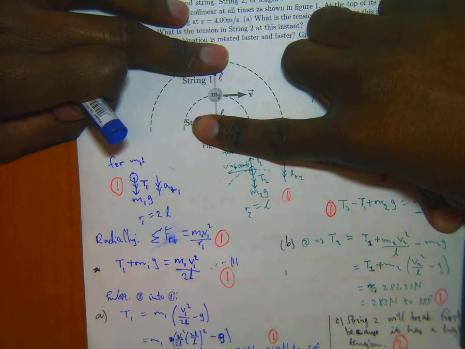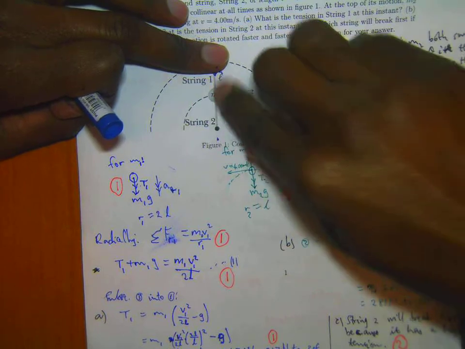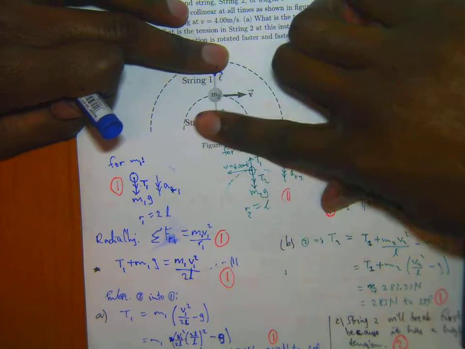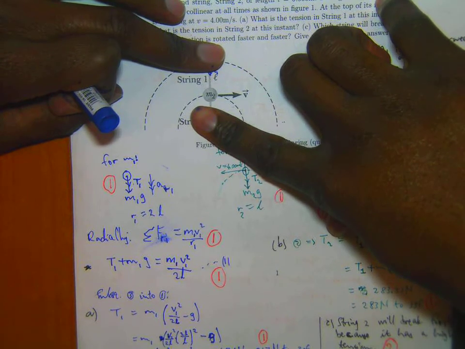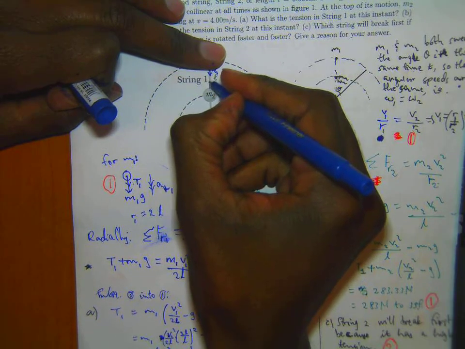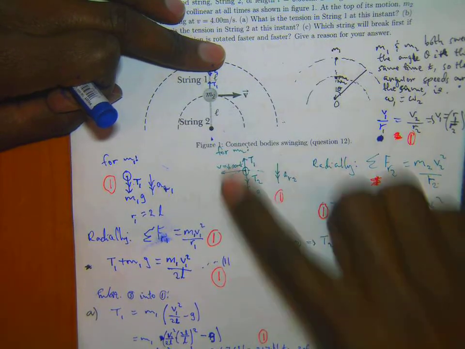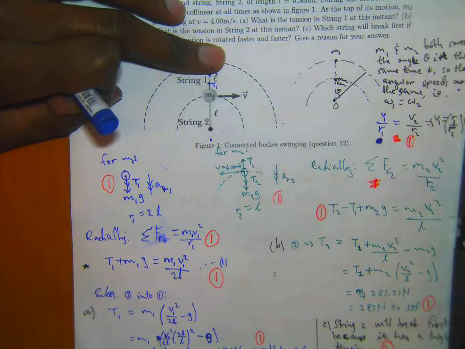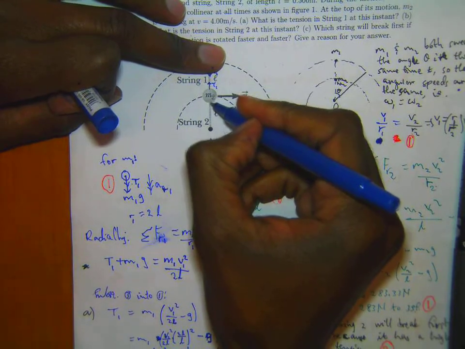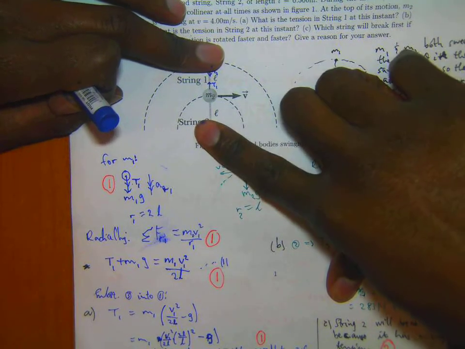T1, the tension in that string. In which direction is T1 as far as M2 is concerned? M2 feels T1 pulling it upwards. Then the weight of M2 is there. What other force is acting?